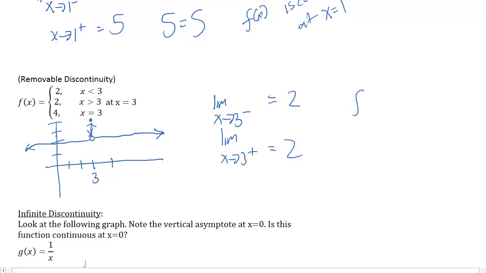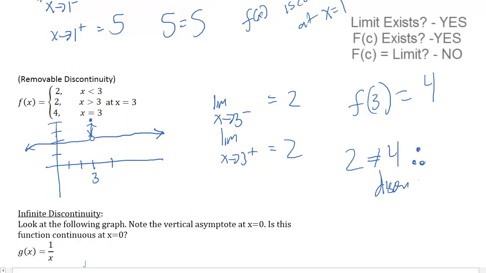But when we evaluate f of x, or f of 3 in this case, what do we get? Well, at the point 3, it's equal to 4. So even though the function exists and the limit exists, 2 is not equal to 4, and therefore this function is discontinuous at x equals 3.